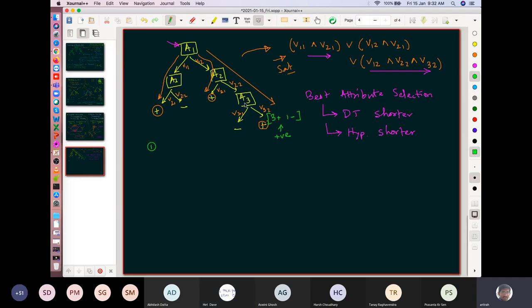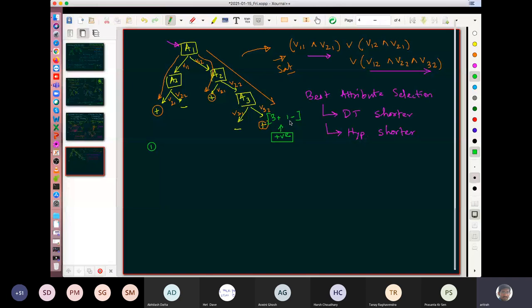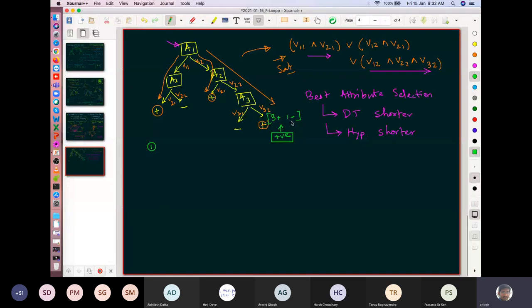Suppose there are only 3 attributes, and I lead up to a situation where after selecting A3 in one branch, I get 3 plus 1 minus. Then I could not directly say it is a plus for all, but since I have to finish off, I will say that leaf is positive because it has very less training error if I consider this to be positive, because only one example might be a failure in the training set. I understood. Thank you.